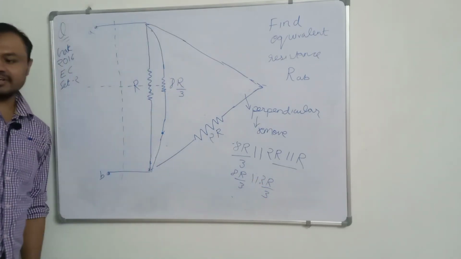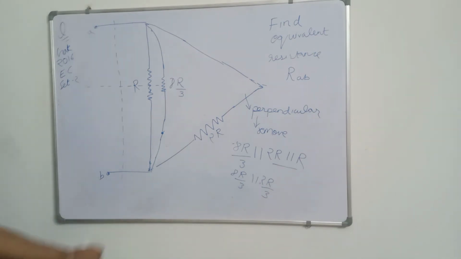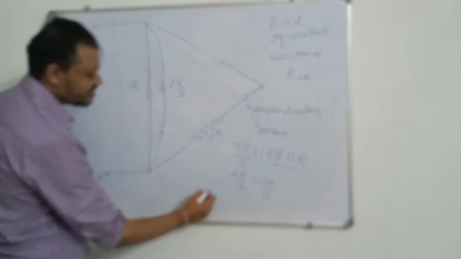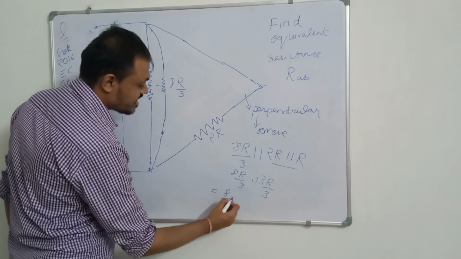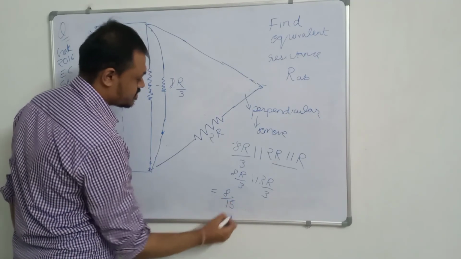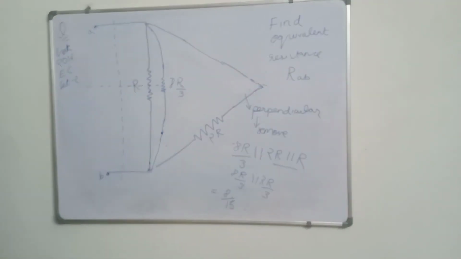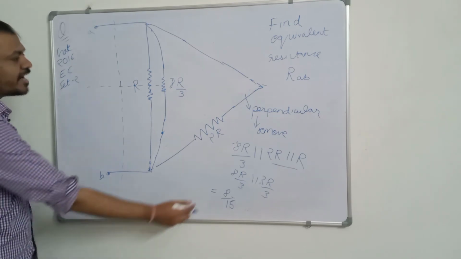So this is the way we do it, and if we solve it, we get 8 by 15 as the answer. So the equivalent resistance RAB is equal to 8 by 15.